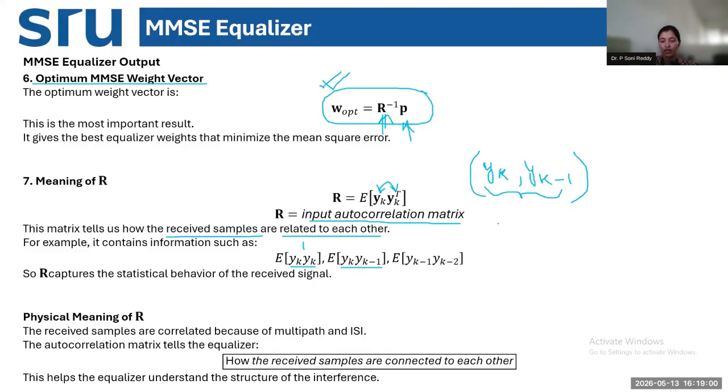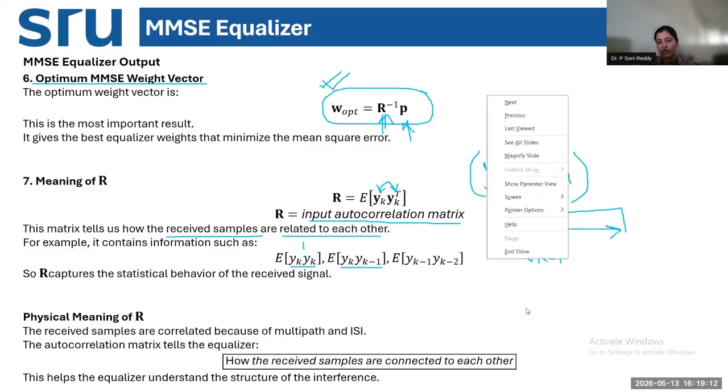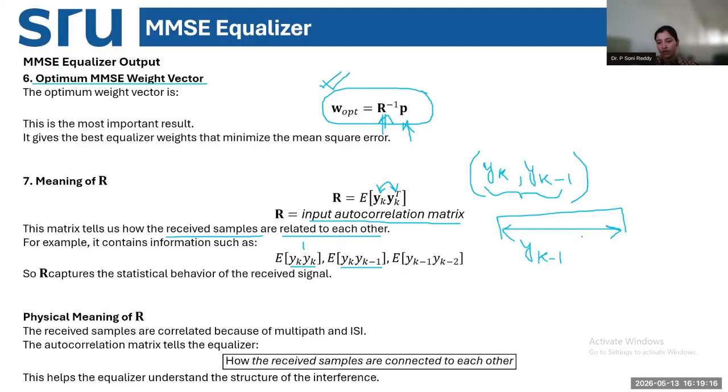So if there is high ISI, what I'm trying to say here is, suppose this is your yk minus 1 symbol, this entire duration. Now what is your yk then? So if I just change my ink color, okay. So suppose yk is this.